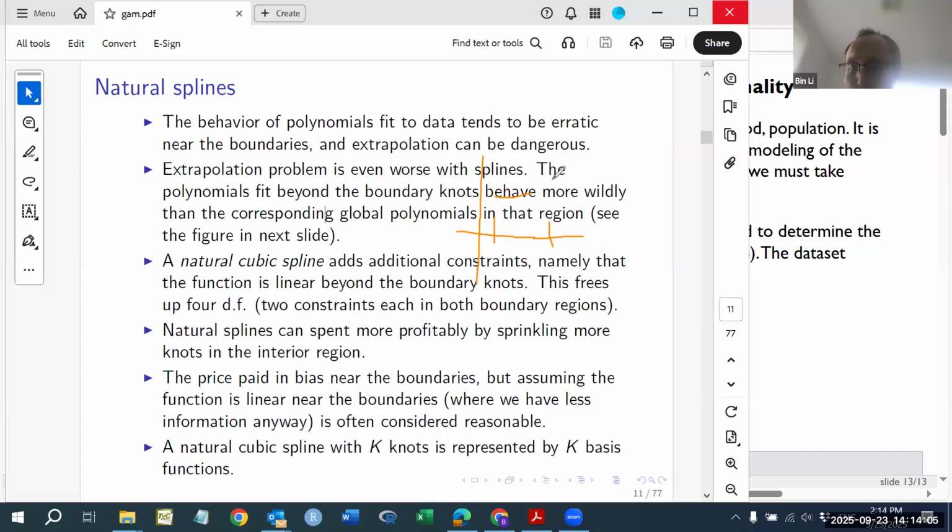So we modeled through that. So if we have training data points in this range from 0 to 100, let's say, okay? And we fitted a cubic model.